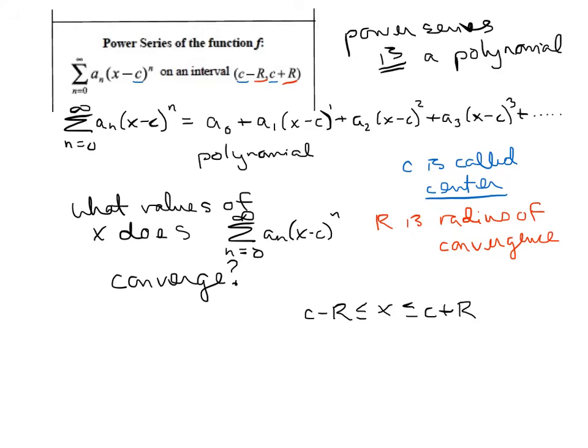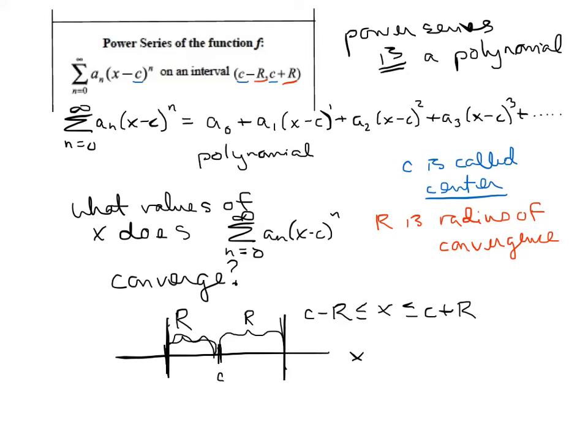So the center plus some radius and the center minus some radius. And how I think of this is just on a number line. So here's all of your x's on a number line, and you have some x that's at the center, and it's going to converge to some number plus r and converge, whoops, that's not very good. It's okay, you get the idea. Minus r.